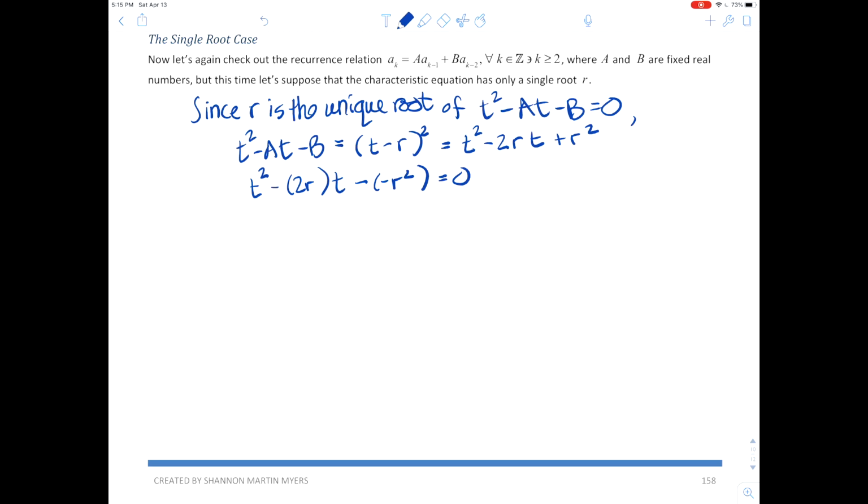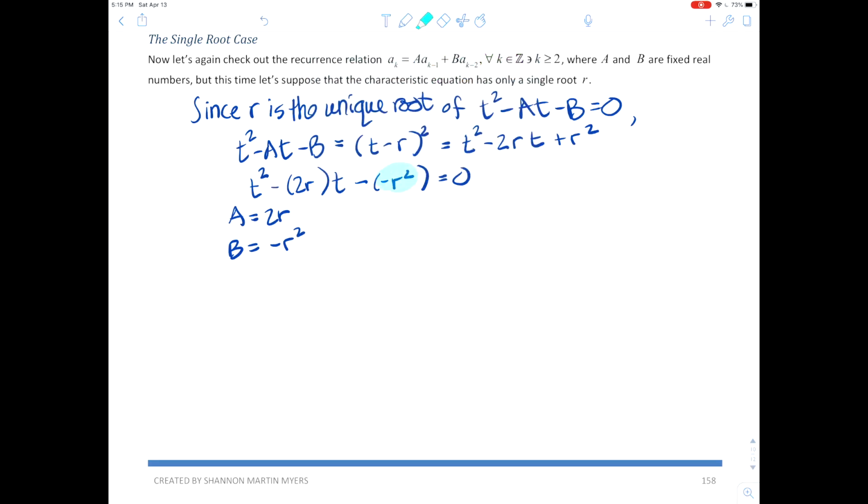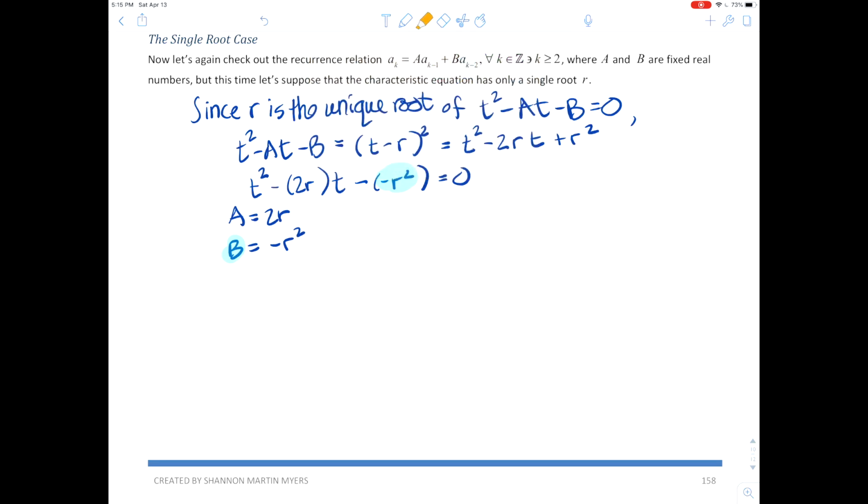So what do we know? We know that our a is, beautiful, 2r, and our b is negative r squared. Good so far? And that's just from right in here. That's our b, and our a is the 2r.